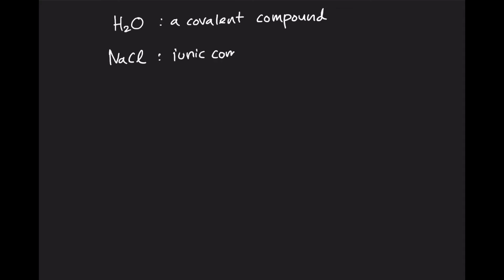In principle, if you write a symbol of a molecule, for instance H2O, at this point you should be able to recognize that this is a covalent compound. Unlike an ionic compound, for instance the salt sodium chloride, in H2O what happens is sharing of electrons.